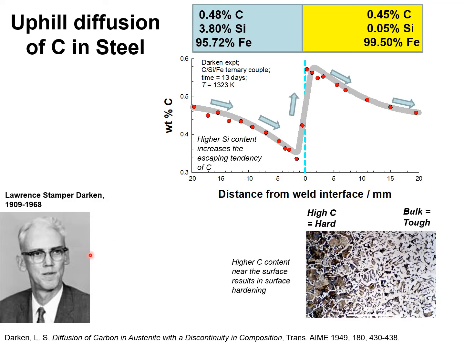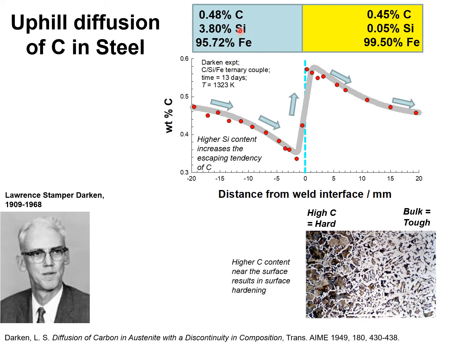Let's have a look at the classic experiments reported by Darken in his classic paper published in 1949. Two bars of steel of different compositions are brought into contact with each other. The carbon content of the two bars are practically identical.